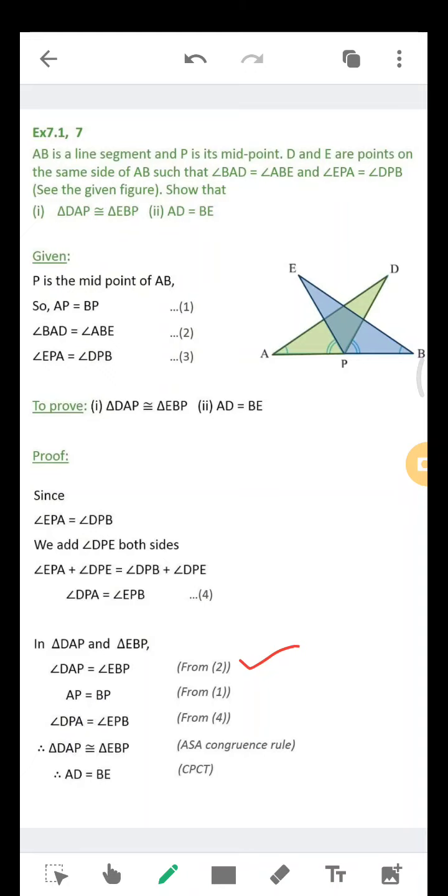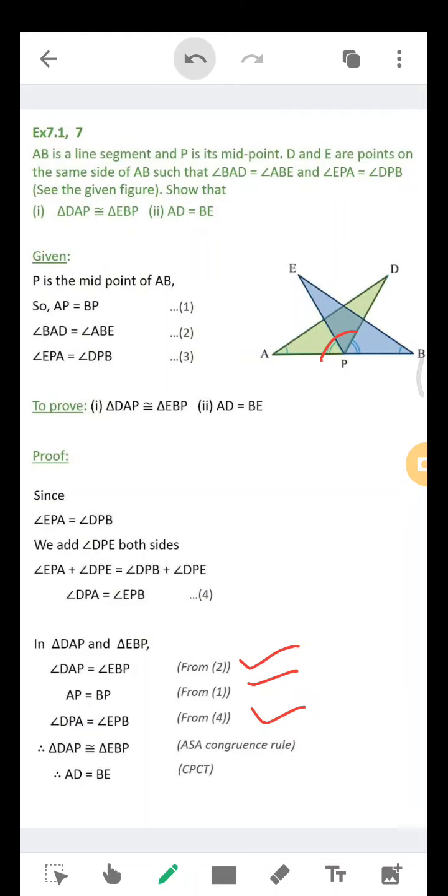Both mean the same angle, okay. And AP is equal to PB, as I said, because P is the midpoint of AB from 1, and from 4 we have got DPA is equal to EPB, okay, these complete angles.